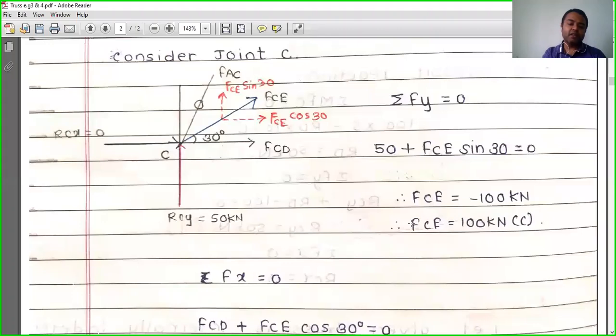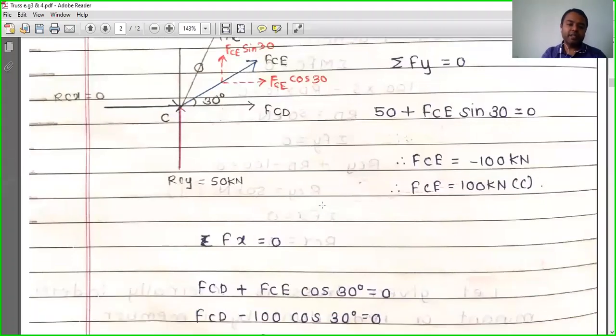Okay. So now apply summation Fx equal to 0 to this diagram. A force going to the right, take it as positive. Going to the left, take it as negative. So FCD plus FCE cos 30 is equal to 0, because it is going to the right side, take plus.